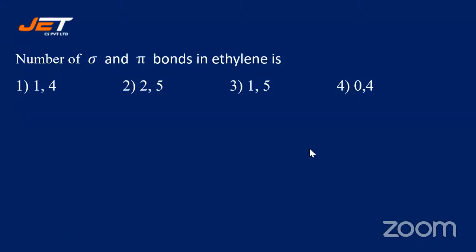Number of sigma and pi bonds in ethylene is? Number of sigma and pi bonds in ethylene. Yes, please, I'm not getting the answers.